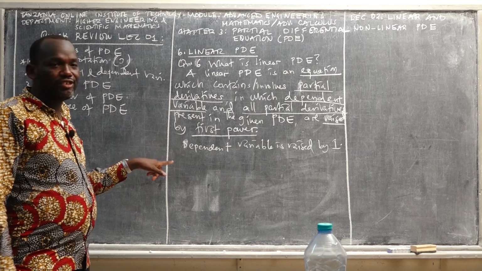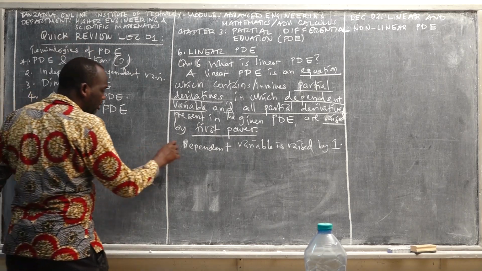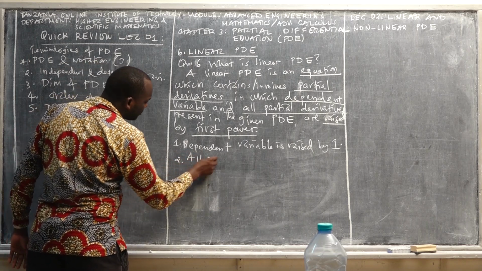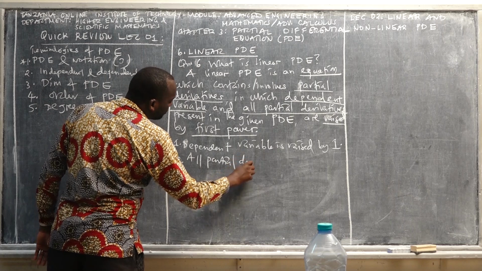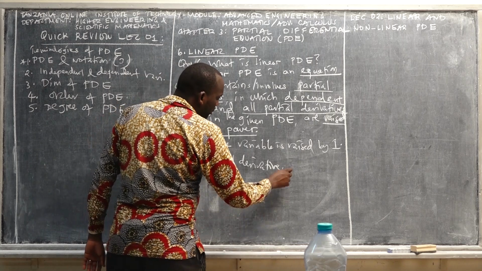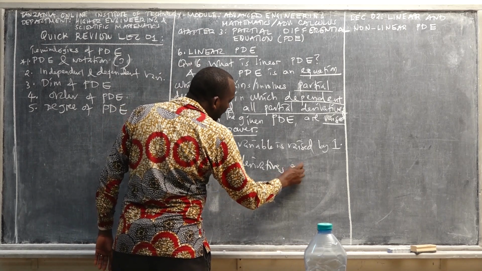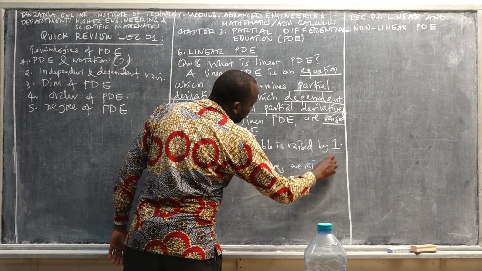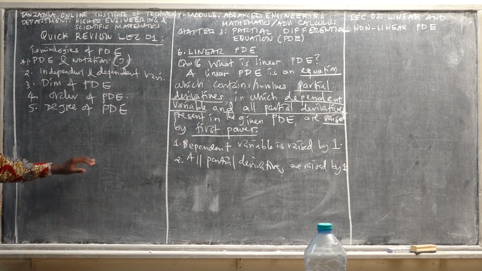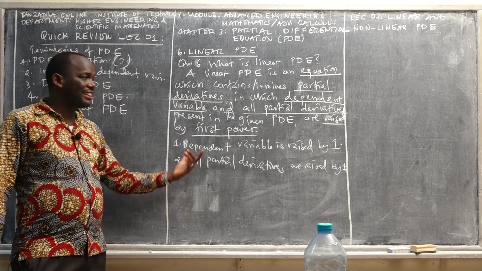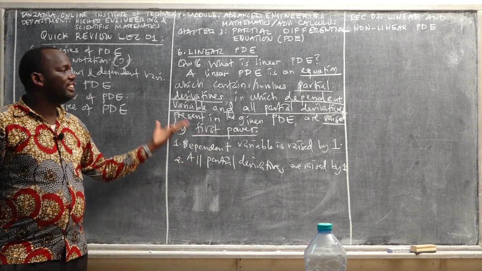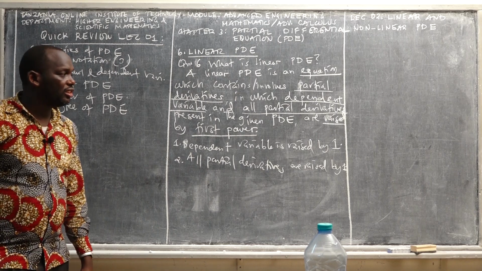The second condition is that all partial derivatives present in the differential equation are raised by 1. If these two conditions are satisfied, however, there is another third condition, but if these two conditions are satisfied, then that partial differential equation is called linear.